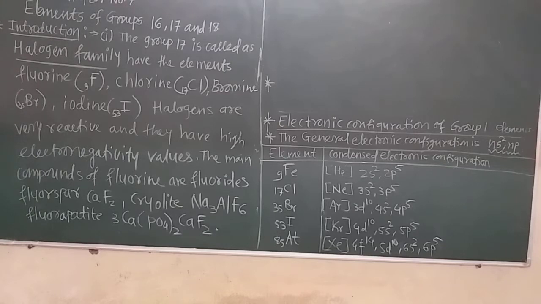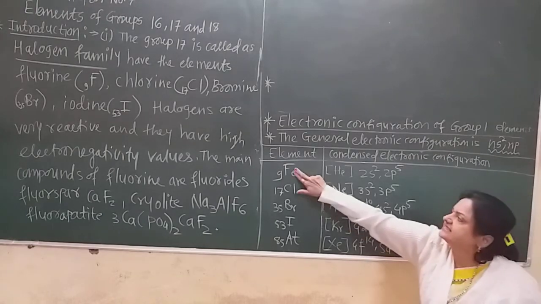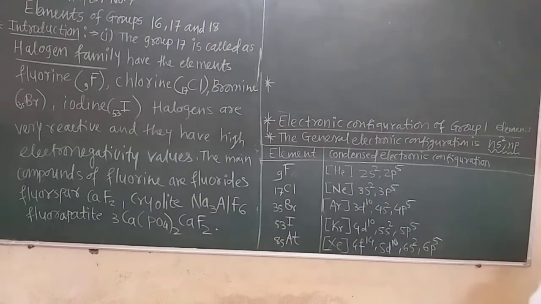Iodine is an element in the solid form, but still it is not a metal. Astatine is a metal. Chlorine and bromine are found in the gaseous form.